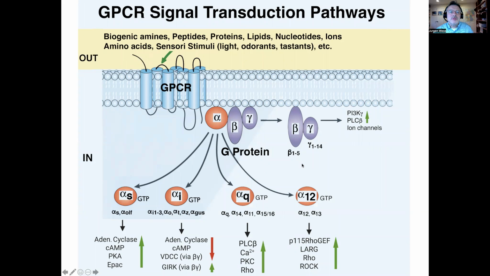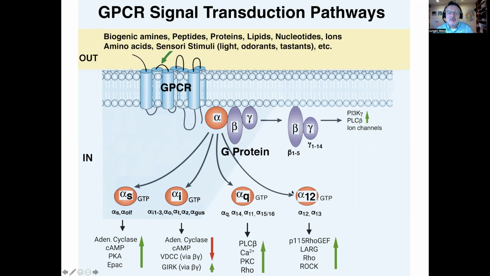As you all know, GPCRs represent a superfamily of receptors that are activated by a large variety of extracellular ligands. As shown here, when activated by an extracellular agonist, GPCRs are able to activate different functional classes of heterotrimeric G proteins, which are subclassified into 4 classes: GS, GI, GQ, G12.